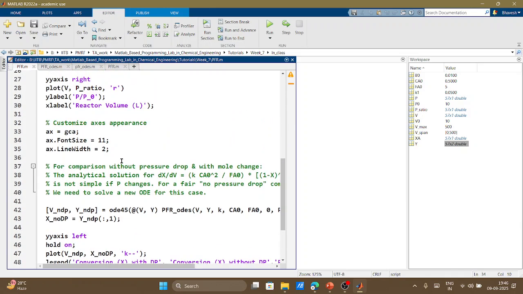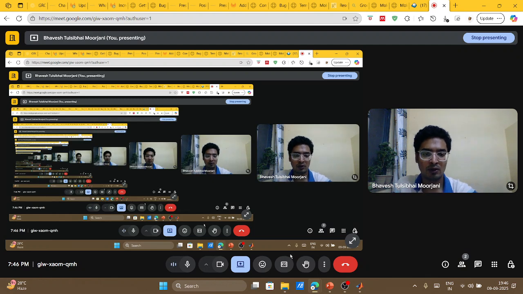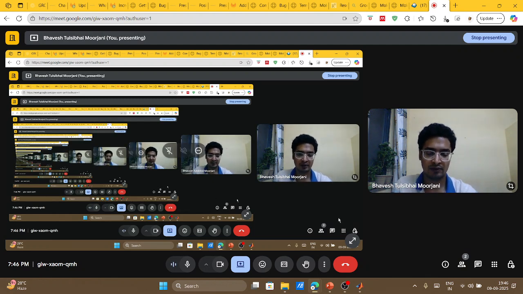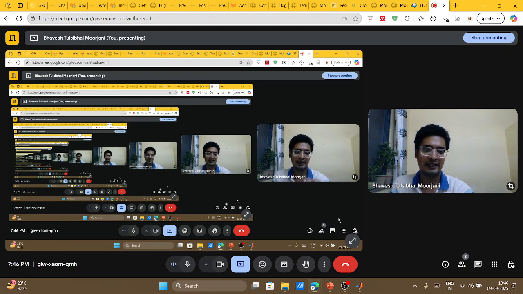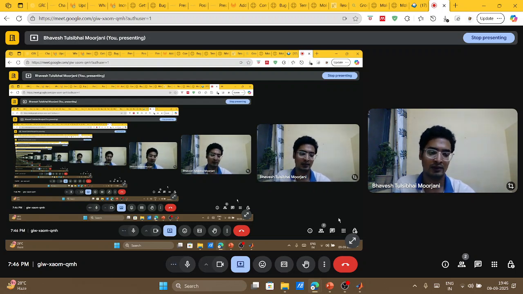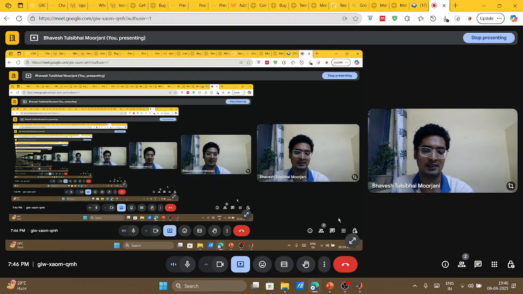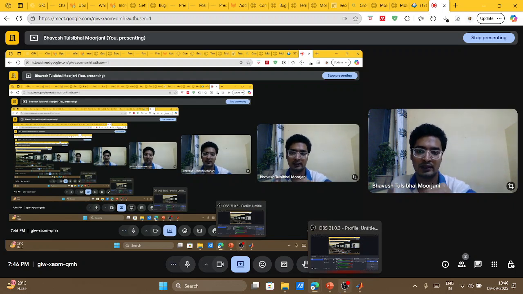Just play with this command. I recommend searching more documentation for the customization of Matlab plots, right? Right now these plots are very basic, and since we want to understand the concept, I'm not putting too much thought into the customization. But if you want to do it, you can look at various examples also. That will help you gain an idea of how to beautify the plots.